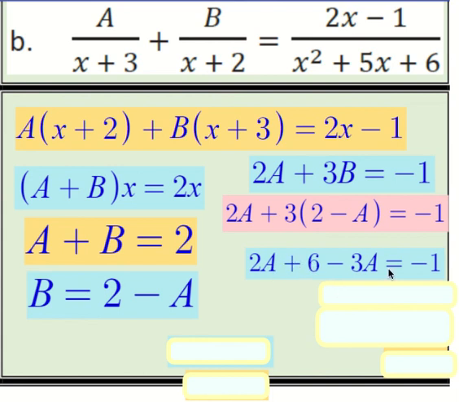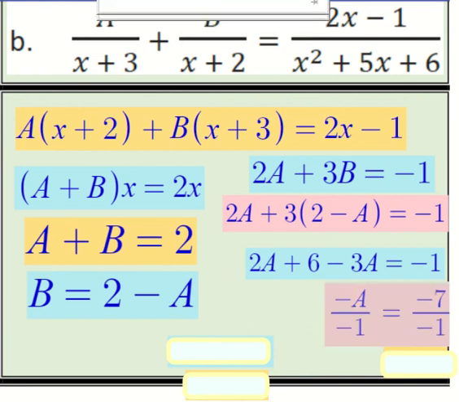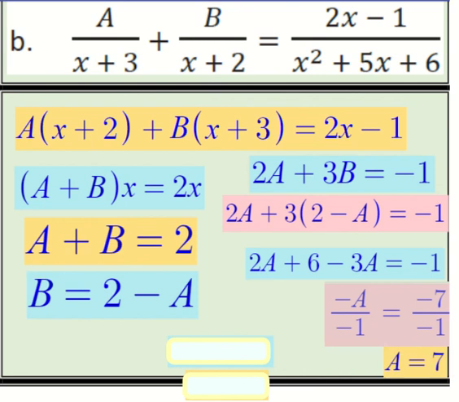If I subtract 6 from both sides, I have negative a equals negative 7. Now, in order to get a alone, I have to divide both sides by negative 1. Now, a negative over a negative becomes a positive, so negative 7 divided by negative 1, a equals 7.